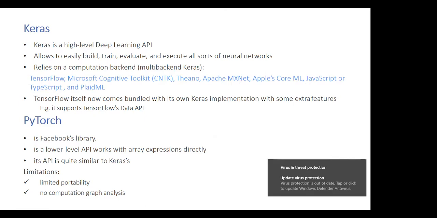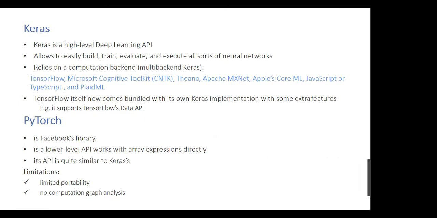And its API is similar to Keras, so you can switch between them if you learn one of them. Two limitations of PyTorch are the limited portability and that there is no computation graph analysis, but it is much faster than Keras for training complex models.